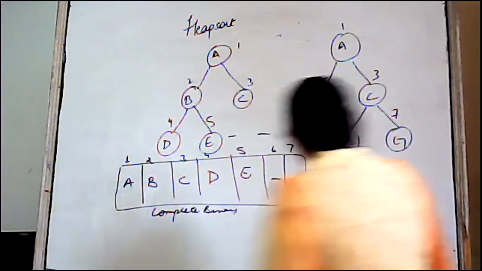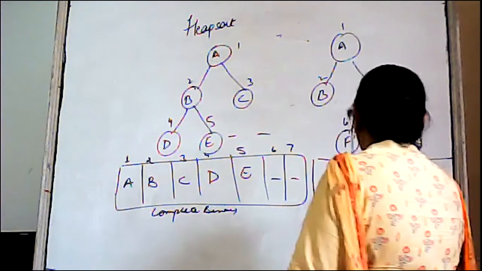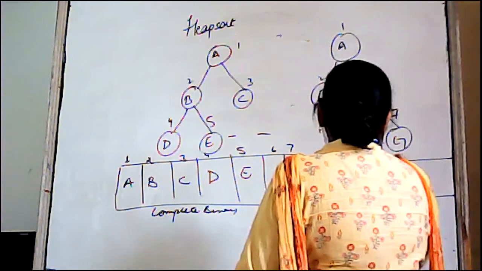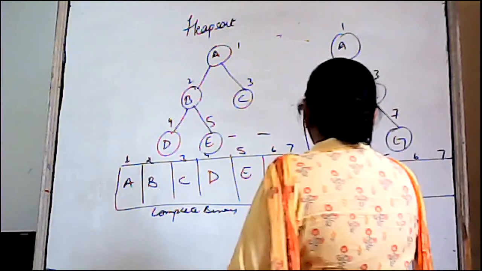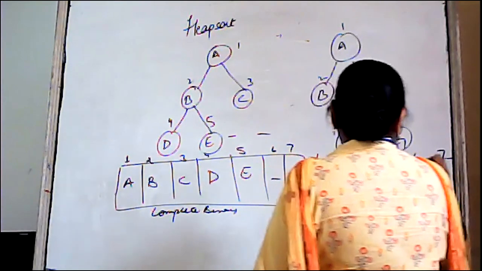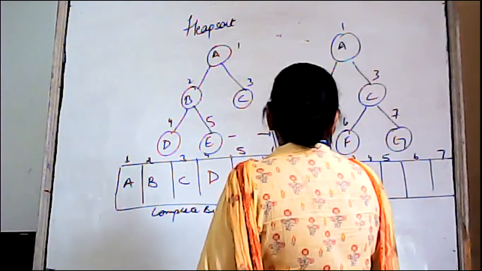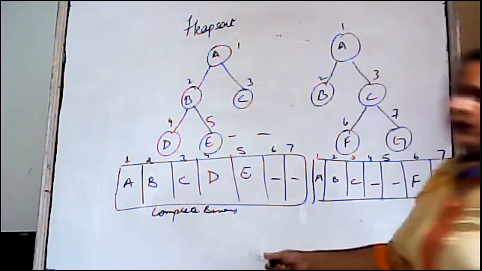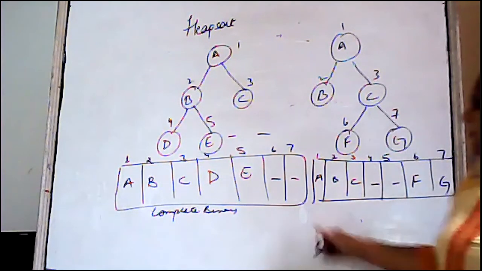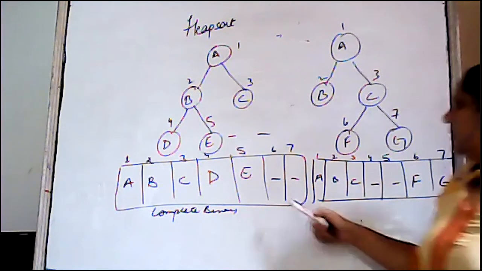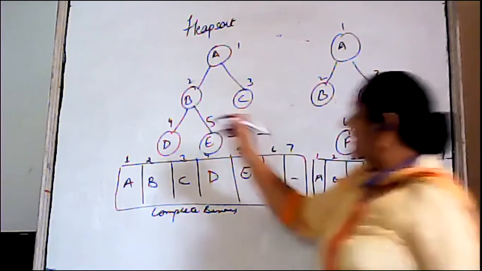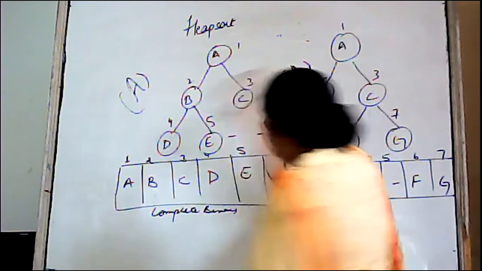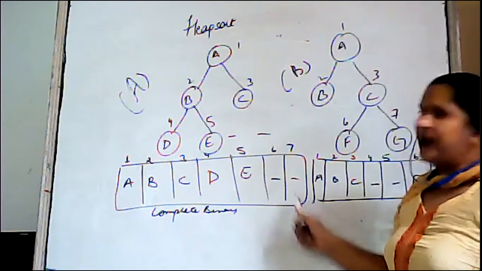I will show you one thing more, then I'll tell you how to differentiate. 1, 2, 3, 4, 5, 6, and 7. A, B, C. Now you can apparently differentiate between the two. In figure A, you have blank spaces at the end.